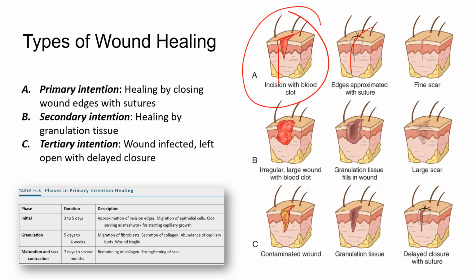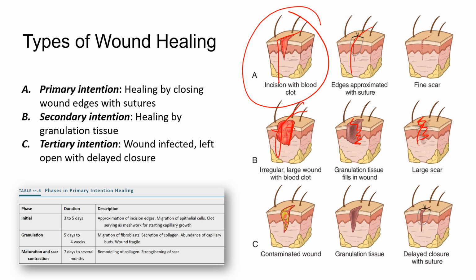Secondary intention is when it's not a nice, clean, straight line wound, or maybe there's not enough skin to pull across so the wound edges can approximate. So with secondary intention, these wounds are going to heal by granulation. From the inside out, essentially, it's going to be left open and it'll slowly fill in, and there'll be a bigger, wider scar.